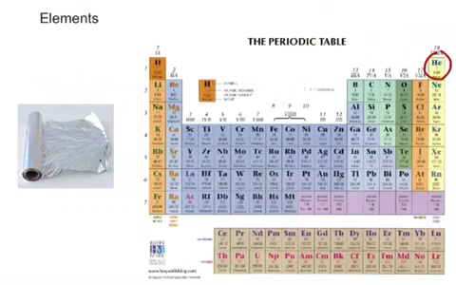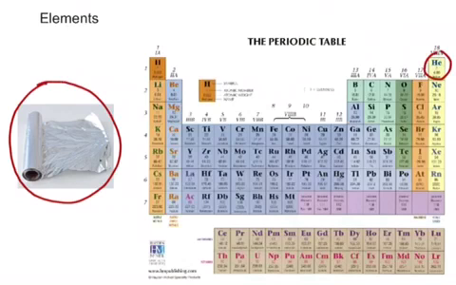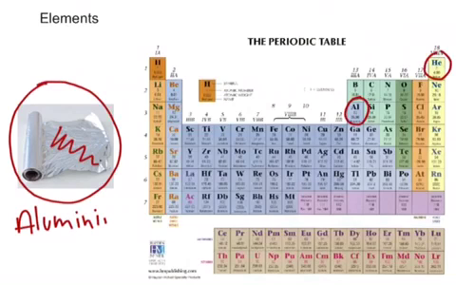Aluminium, shown here as aluminium foil, will be an element that is made up of just aluminium atoms. Every atom making up aluminium foil will be an aluminium atom. This makes it a pure substance. This can apply to any element in the periodic table.